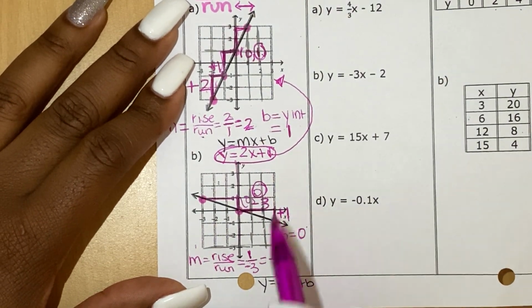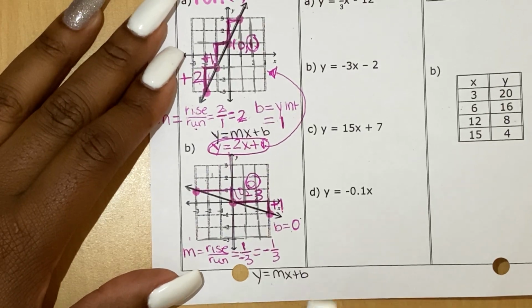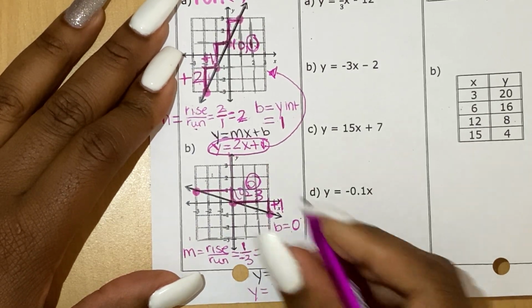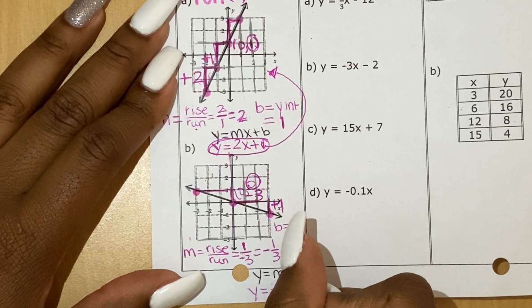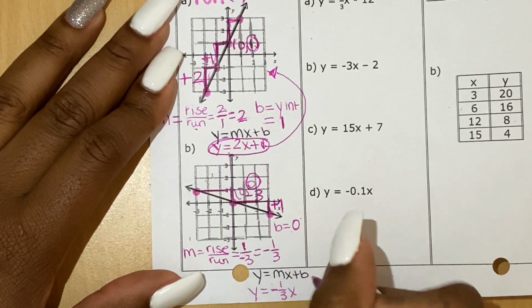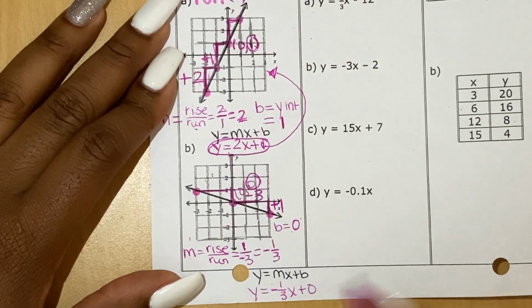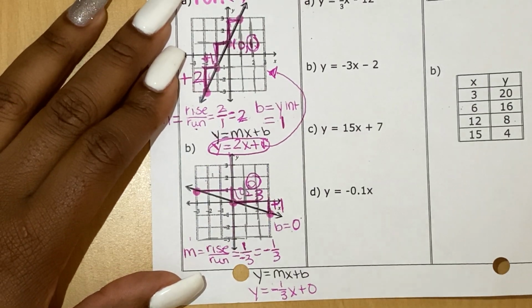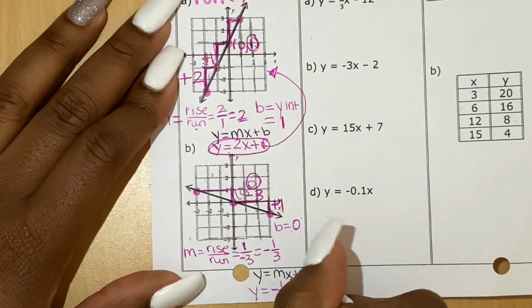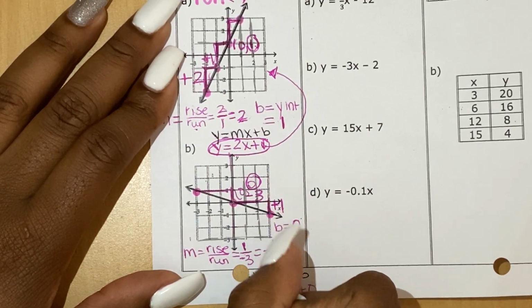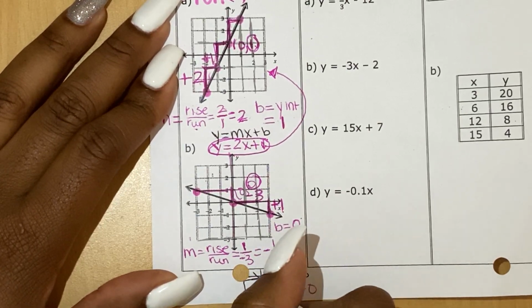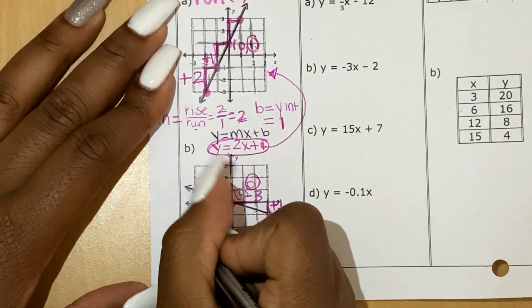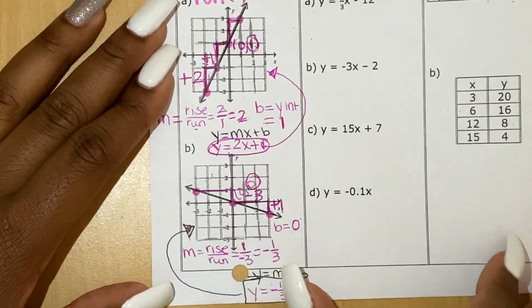Now we're going to take those numbers and plug them into this equation. y equals -1/3 x plus 0. Or you can just leave it as -1/3 x, since that 0 doesn't add any value to the equation, okay? So that will be your equation for that line there.